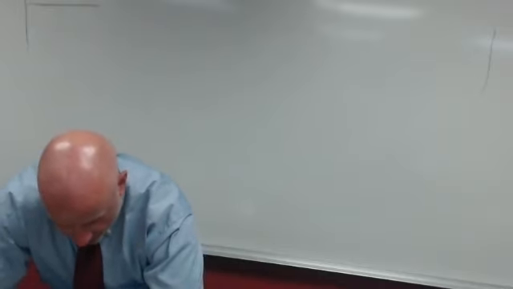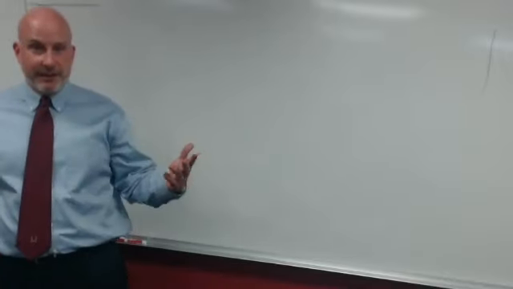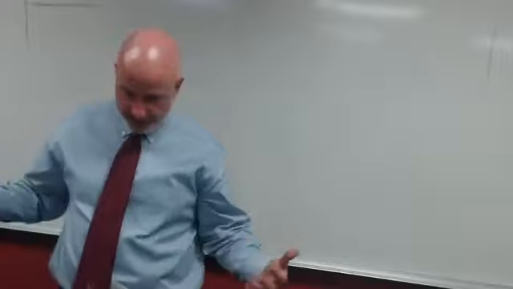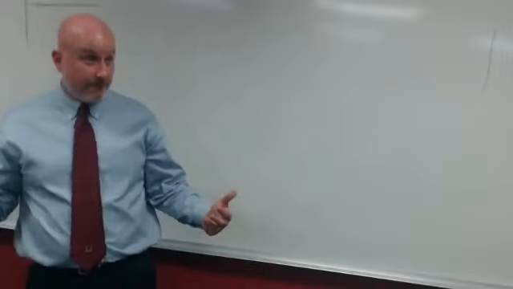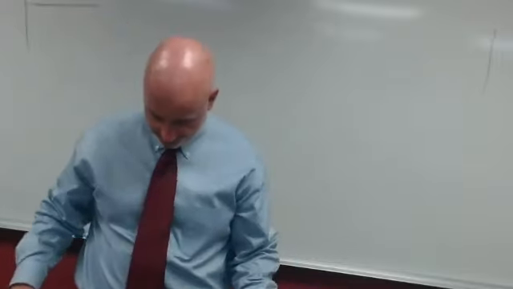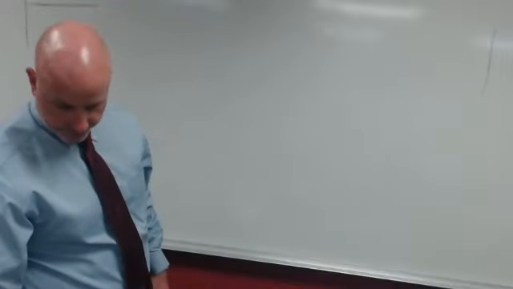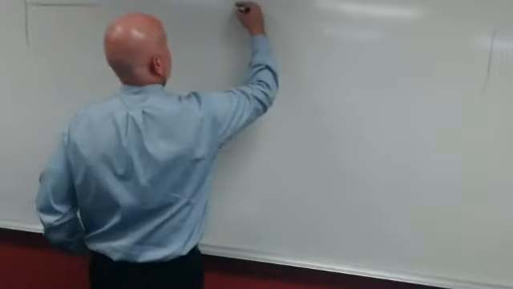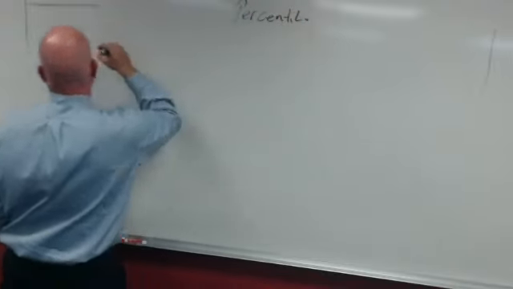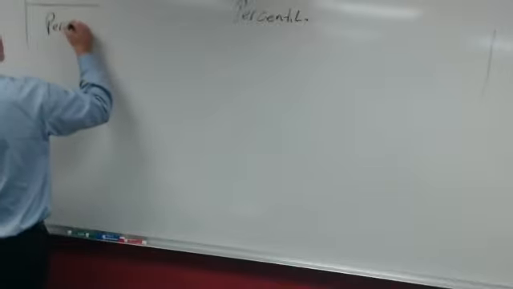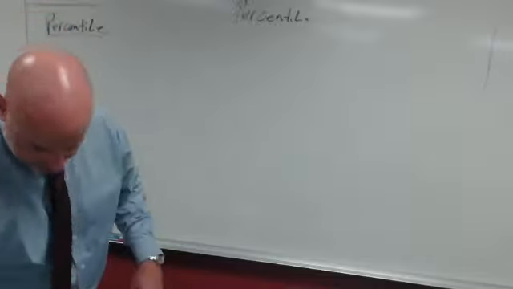When I talk about quartiles, how many values do you think I'm going to divide the observations in? 4. Deciles, 10. Percentiles, 100. So let's go over here. First, we'll look at percentile.